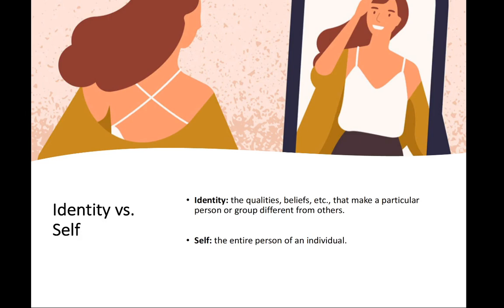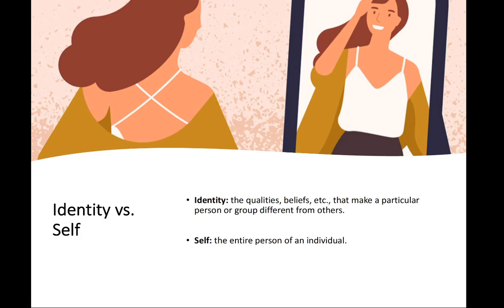So, in other words, the self could actually be composed of many different identities. To explain further, identity distinguishes or compares one from another, while the self refers to the total characteristics or qualities of a person, both the known and the unknown factors known by others.